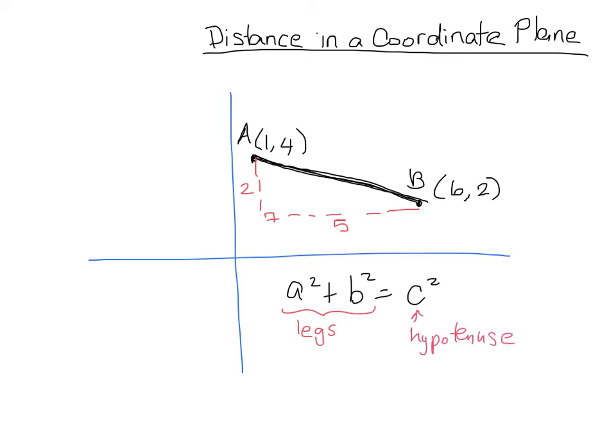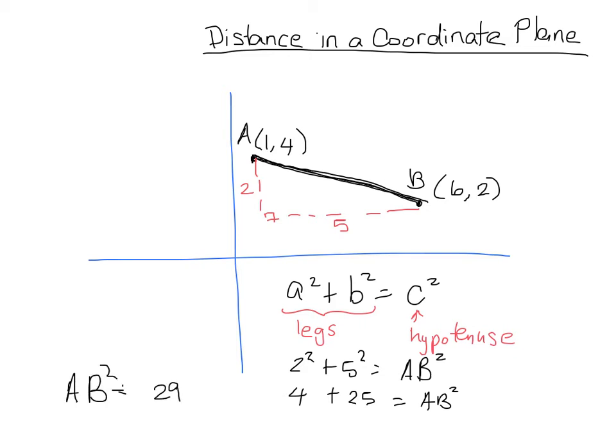Alright, so we can go ahead and complete this by doing 2 squared plus 5 squared is equal to AB, the length of that segment, squared. Alright, so now we have 4 plus 25 is AB squared. And so AB squared is 29, and AB therefore is the square root of 29. And that would be our answer.